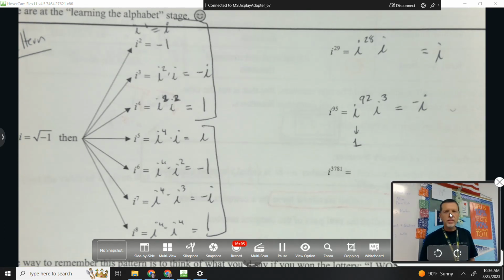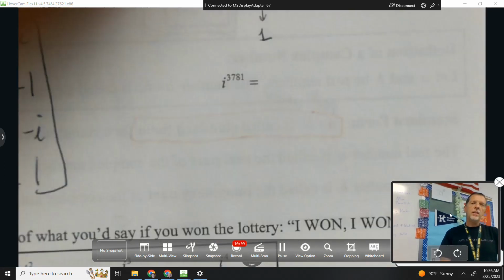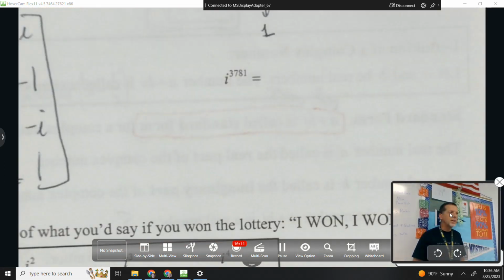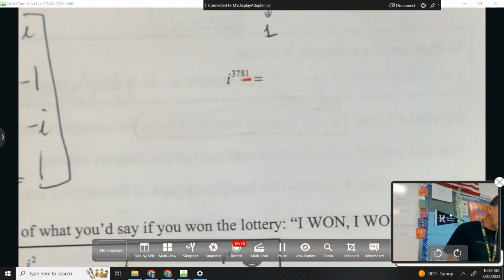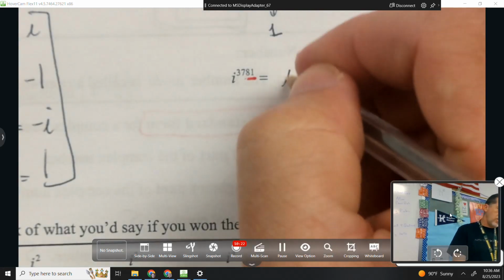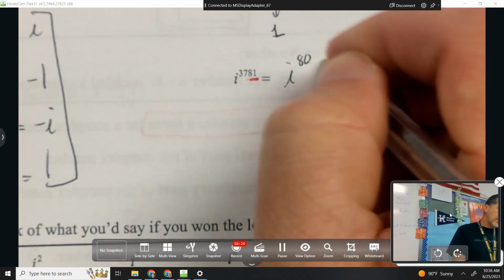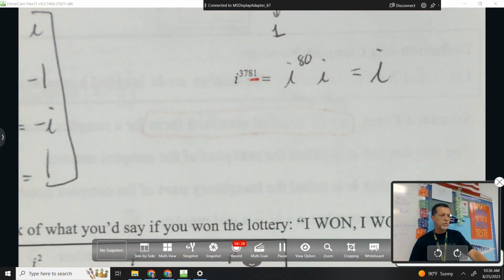And then that last one looks kind of crazy. But every 100 is a multiple of 4, so all I really care about is those last 2 digits. So this would be the same as i to the 80 times i to the first, which would just be i.